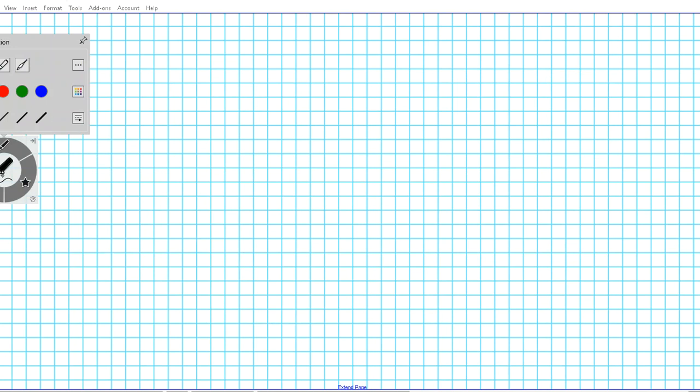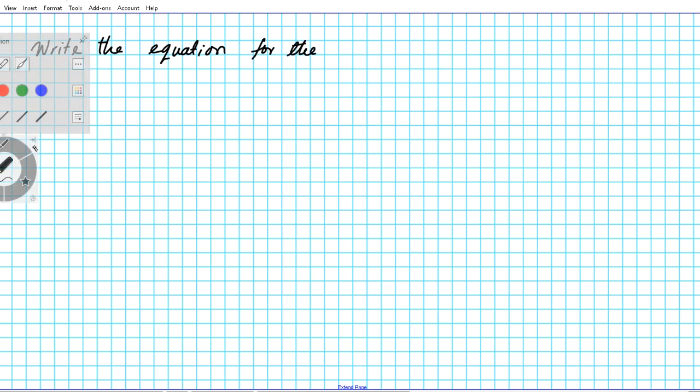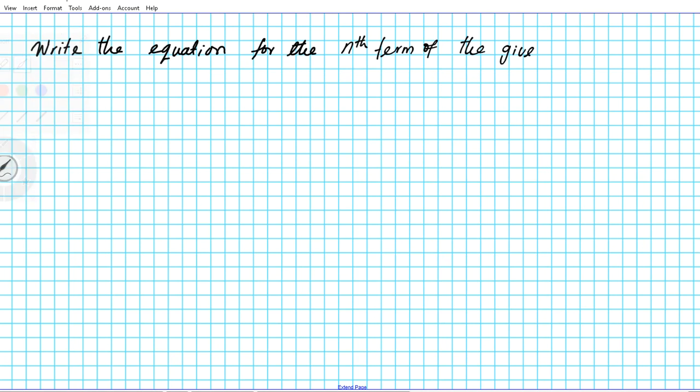Alright, so for the next example, we have a different set of instructions here. So the instructions for question number 5, we are to write the equation. You can also refer to it as a formula. Write down the equation for the nth term of the given arithmetic sequence.